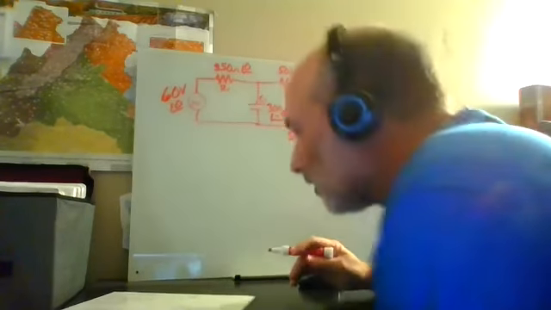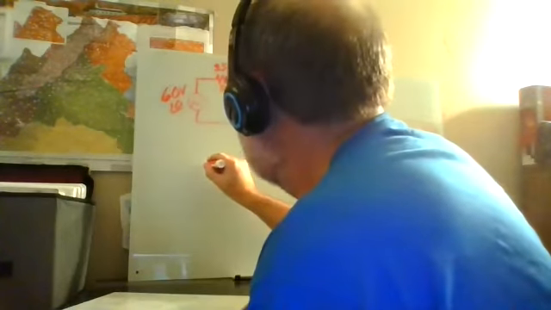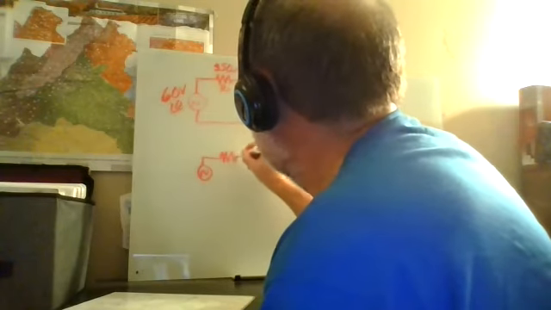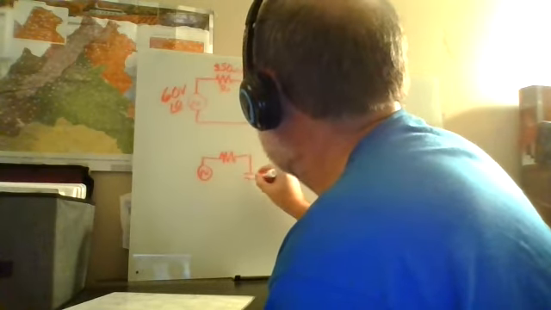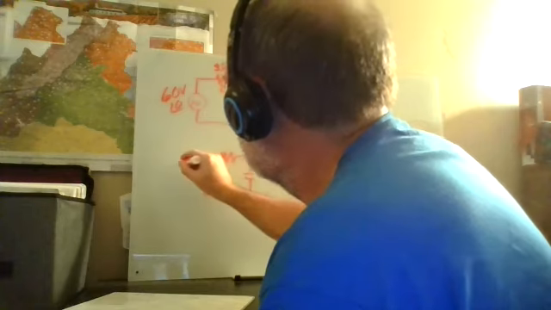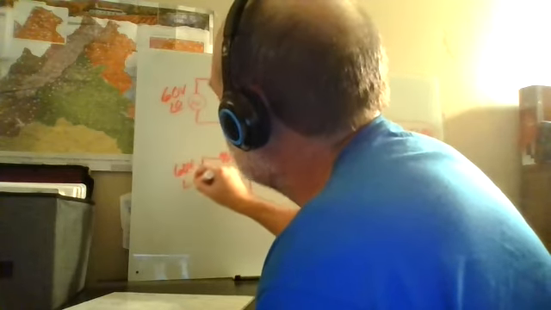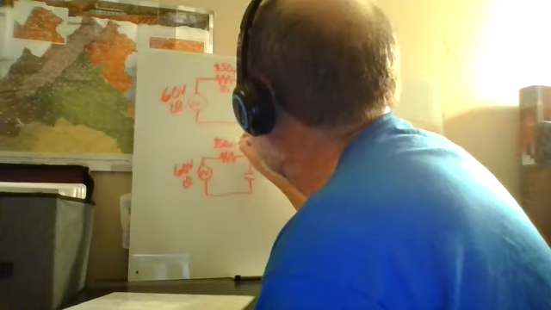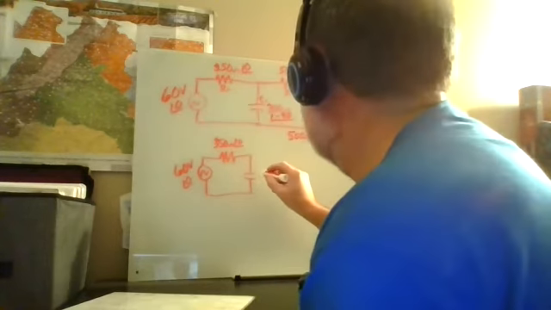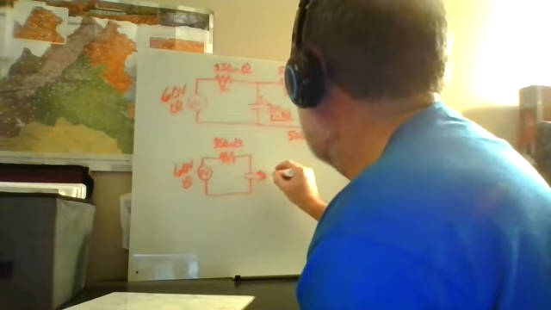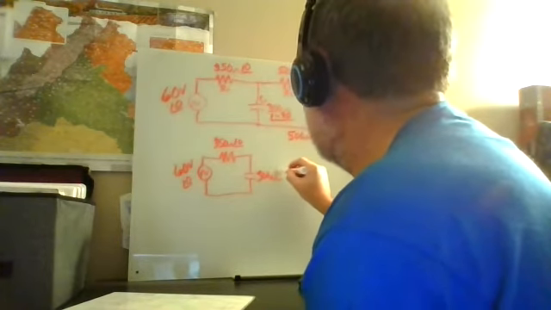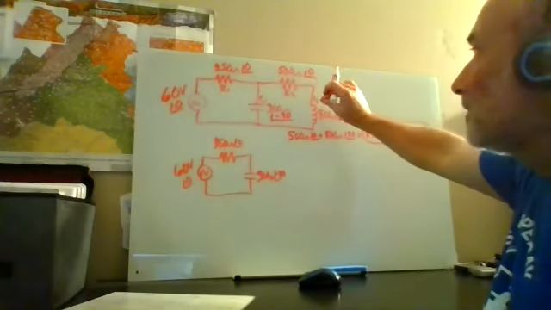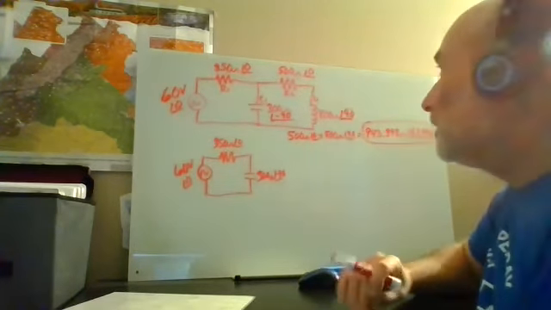Then I'm going to redraw my circuit. Put my resistor, my capacitor, 60 volts, 0, 350 ohms, angle 0, and 300 ohms, angle negative 90. Well, now I combine these two. Well, when I combine them, where do I put them?